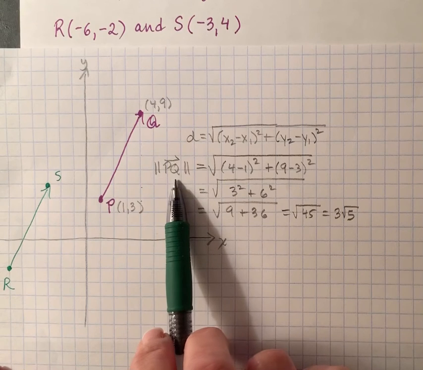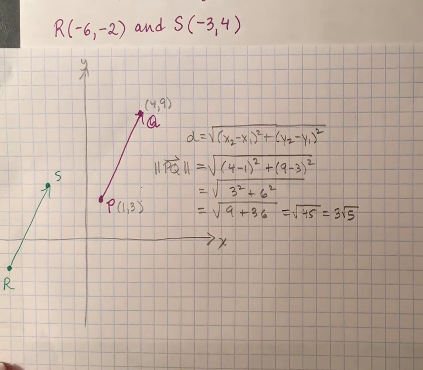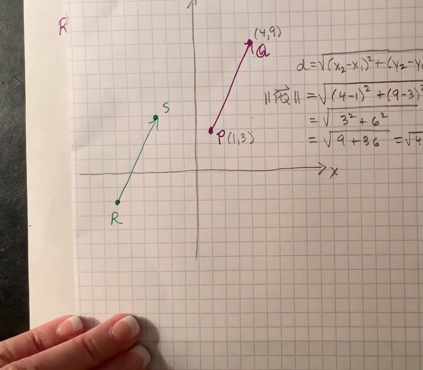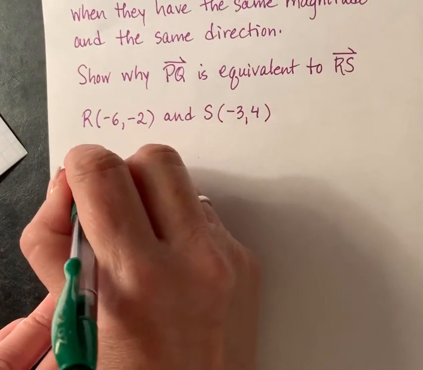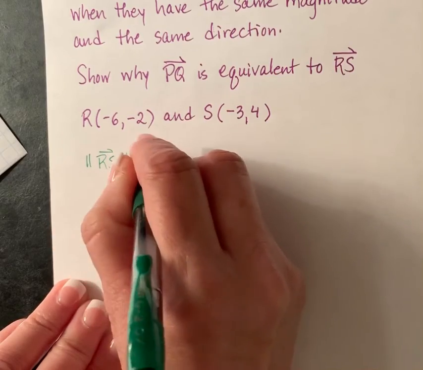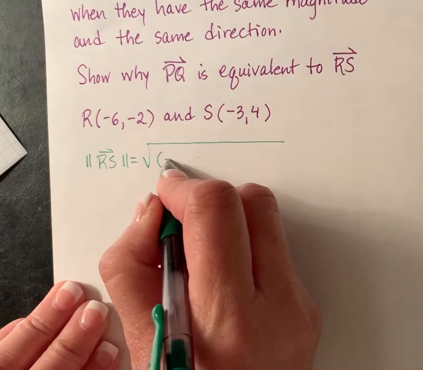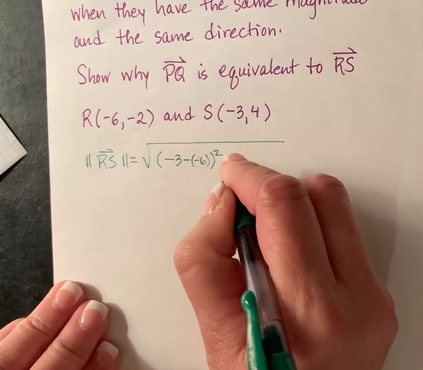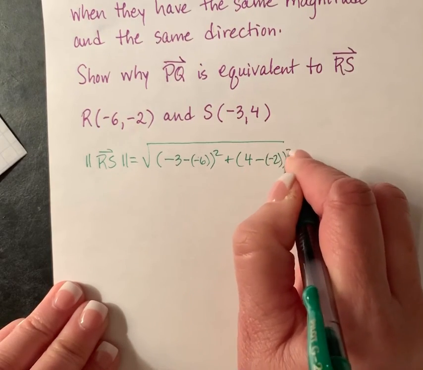So you would write out how you find the magnitude of PQ, which we have already done, and then we would find the magnitude of RS. So the magnitude of vector RS will be the square root of, subtracting the x-coordinates, negative 3 subtract negative 6 squared plus 4 minus negative 2 squared.